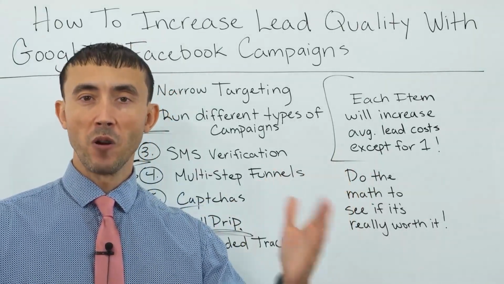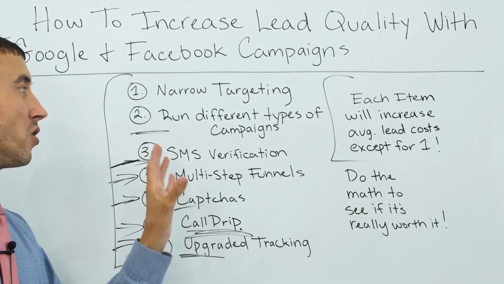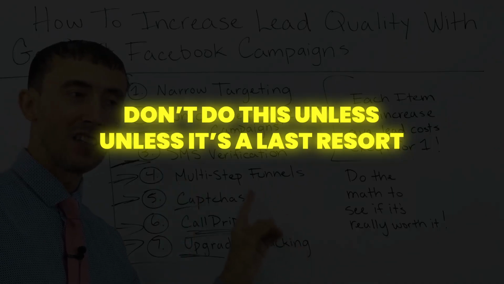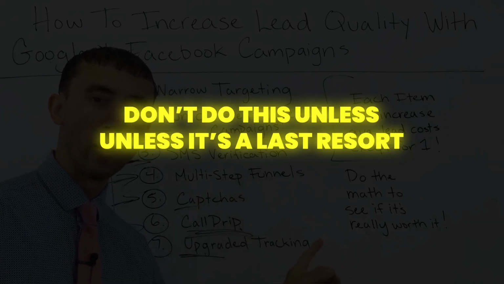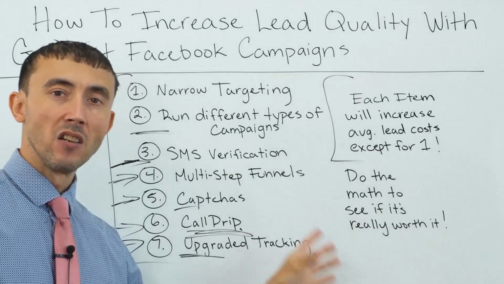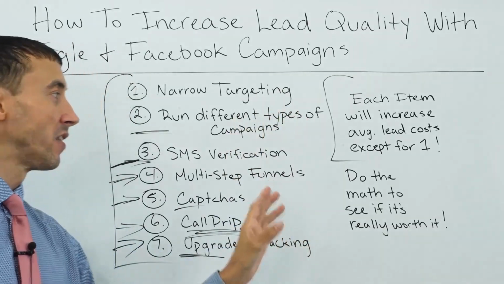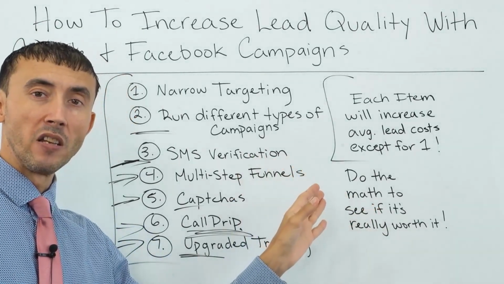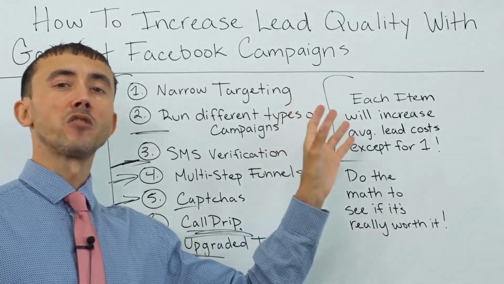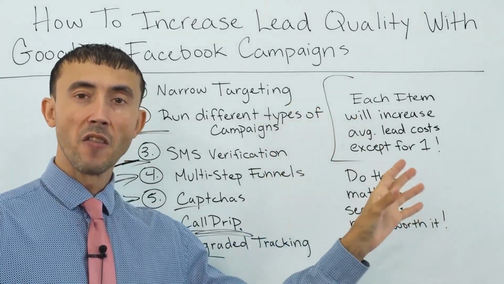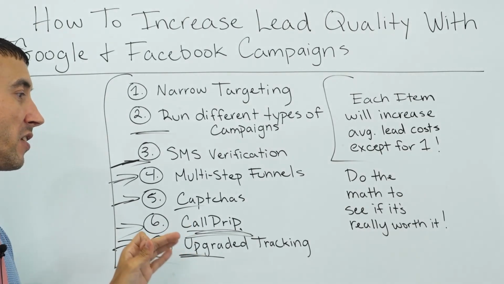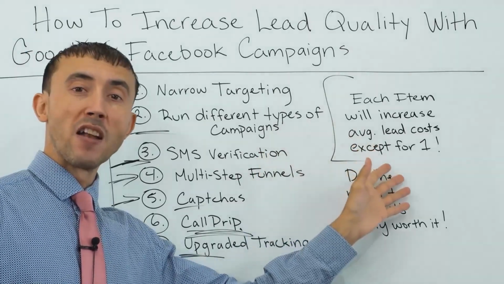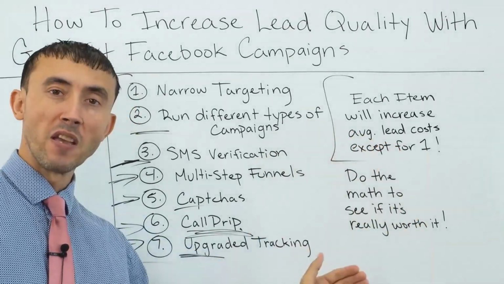This is what I'm referring to when I say you do not want to do these things unless it's as a last resort. If you're making money, don't start cutting stuff. At the same time, you can often make money increasing lead quality if you've got your stuff set up too liberally. On the other hand, if you're running broad match keywords in a search campaign, you can make money and start making cuts.